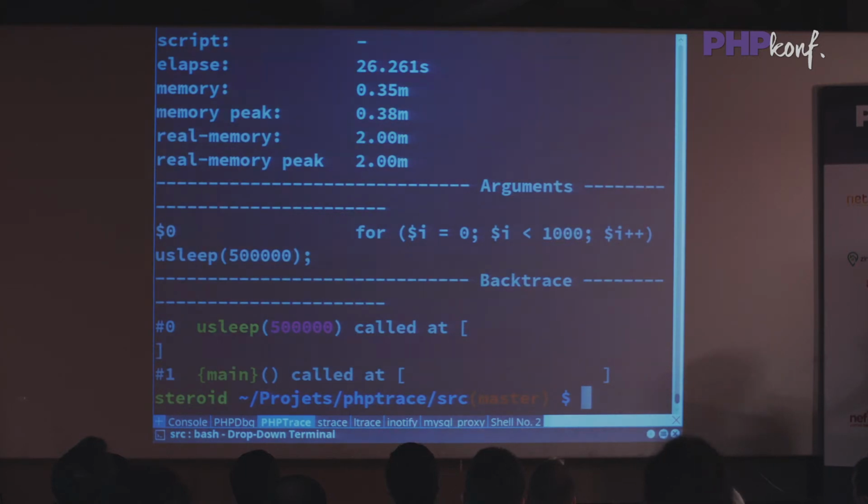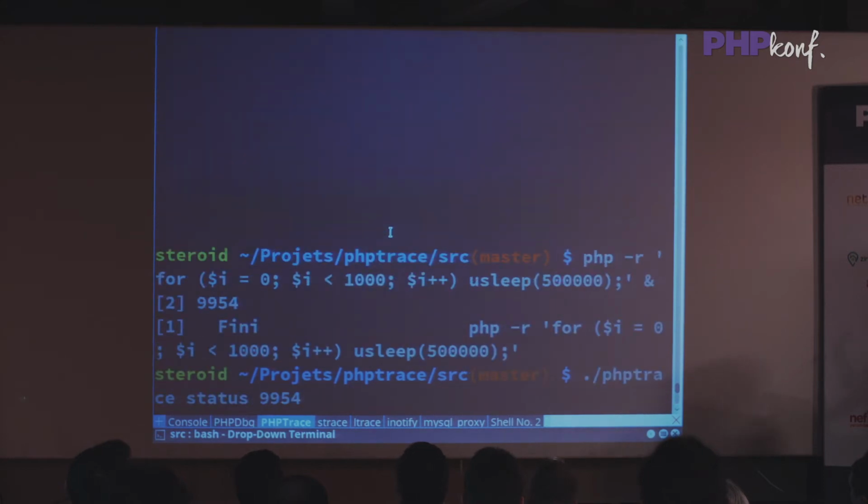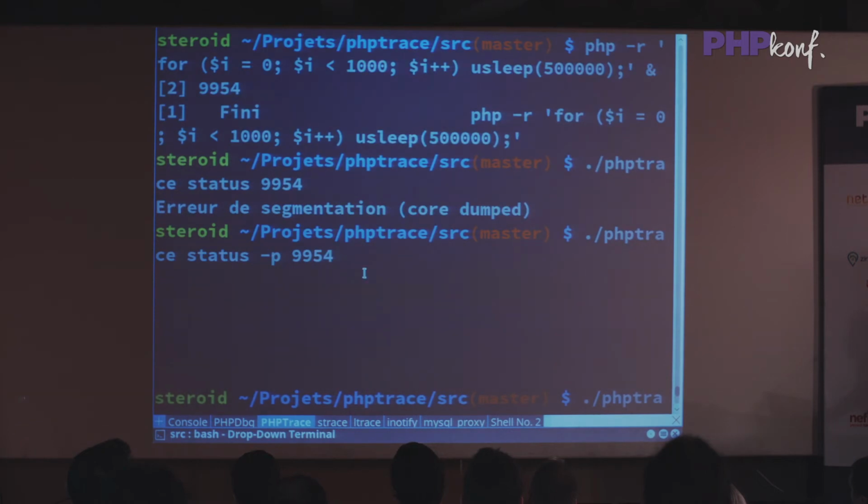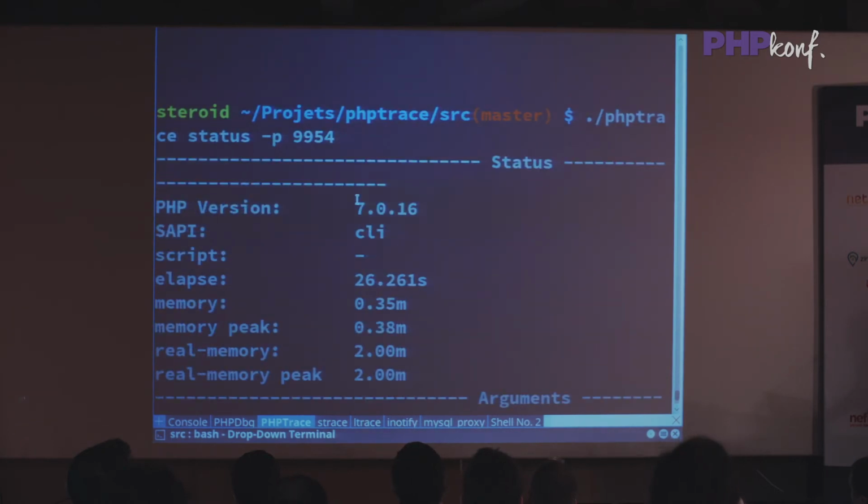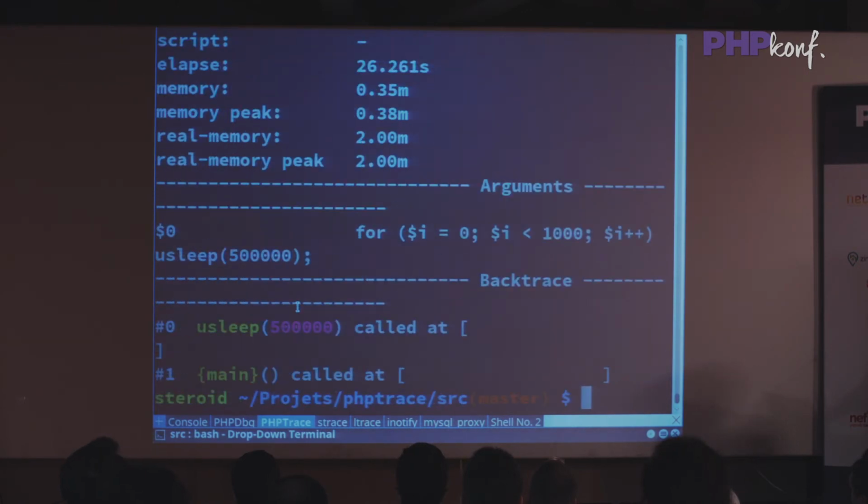My process is still running, but at the moment I ran PHPTrace, it tells me the current status of this running process. So for now, it's up. I have the version of PHP, the memory peak, real memory usage, and so on. And I also have the current stack trace where it's working now.